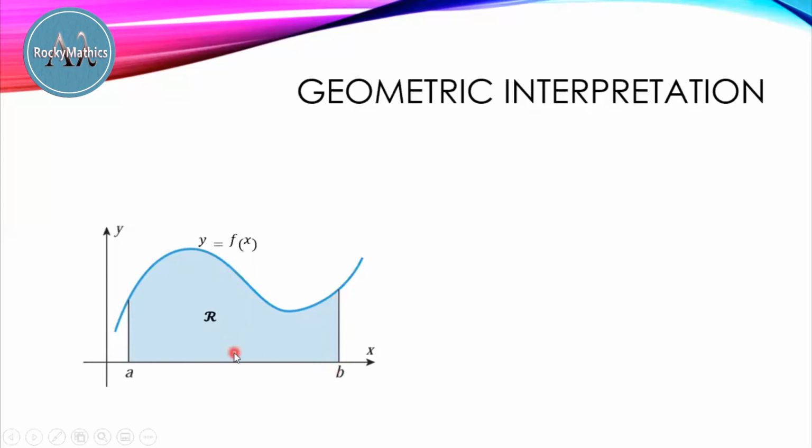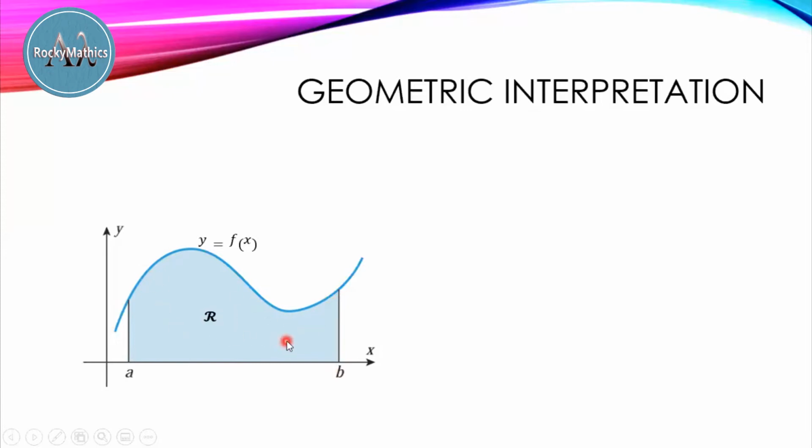Now, how to compute this area since the shape is irregular? Unlike the concept of areas that we learned in algebra, where we are already given the formula like the area of a rectangle, a circle, a triangle, and many more. But how about this?